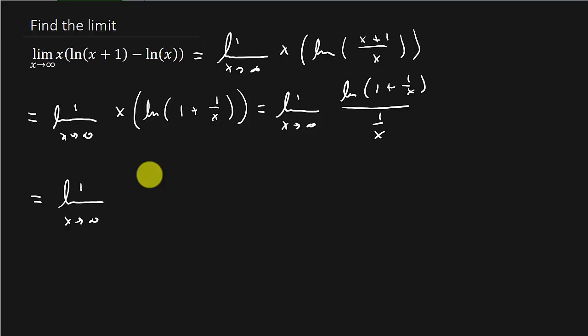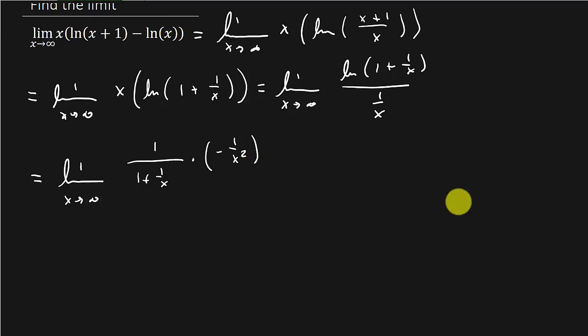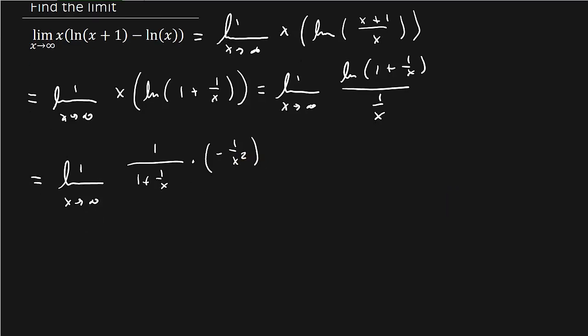The derivative of the numerator is 1 over 1 plus 1 over x, times the derivative of what you're taking the natural log of. The derivative of 1 is 0, and the derivative of 1 over x is negative 1 over x squared. I've explained this in other videos in case you haven't watched them.